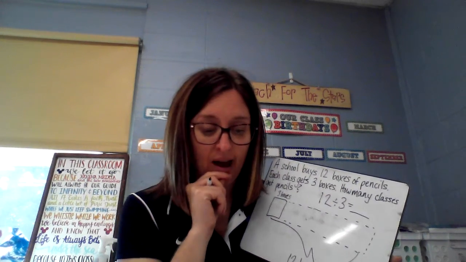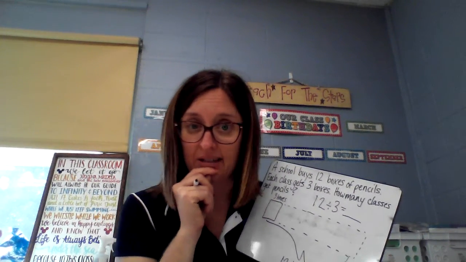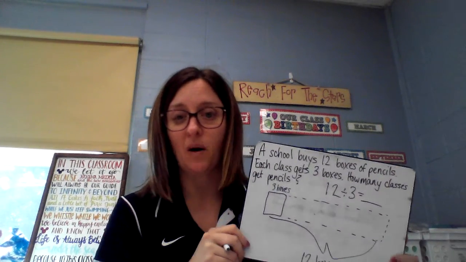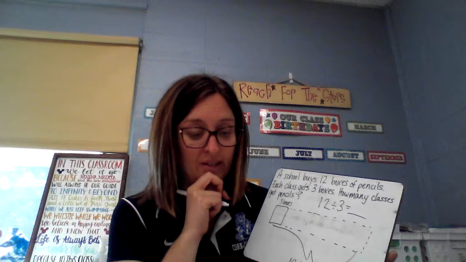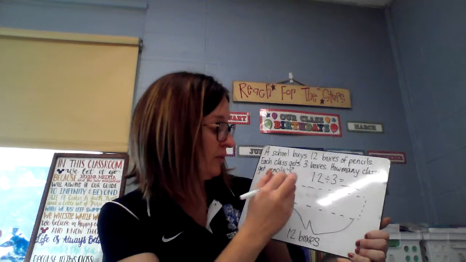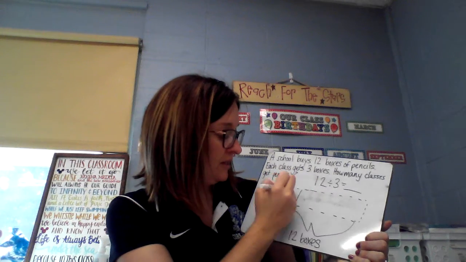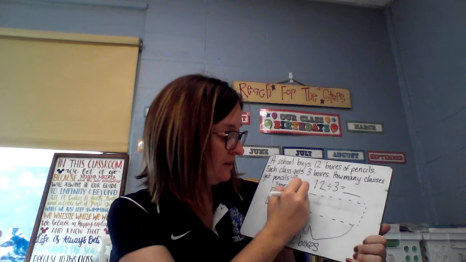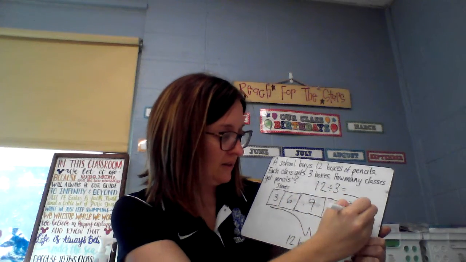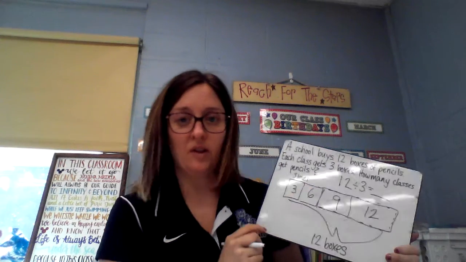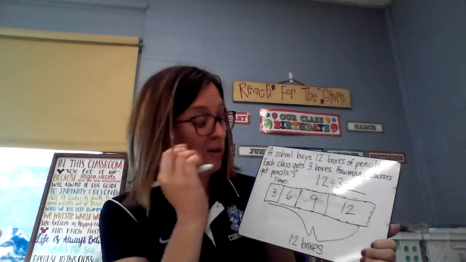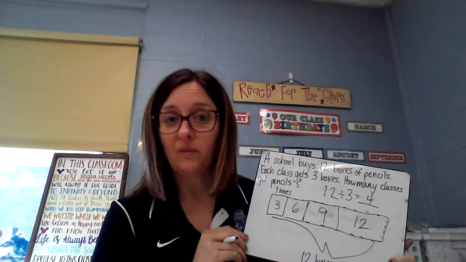But this time I can't equally share, because I don't know how many groups I'm sharing with like I did in my last problem. This time I'm going to have to skip count by 3 until I get to 12. So I've got 3, this is 6, this is 9, this is 12. So I can see that 1, 2, 3, 4 classes are going to get pencils.